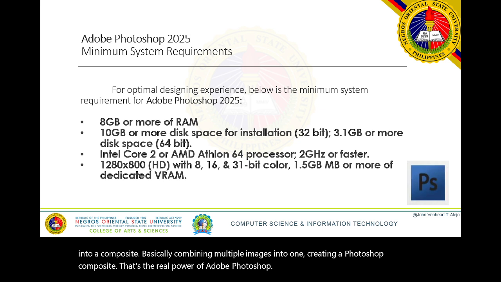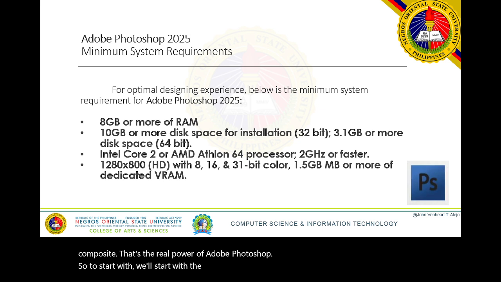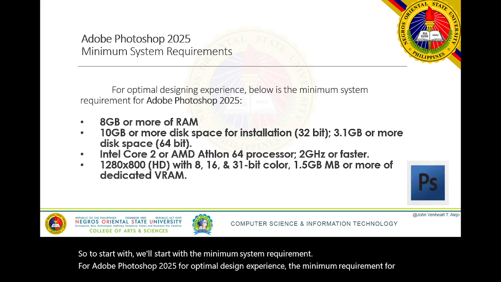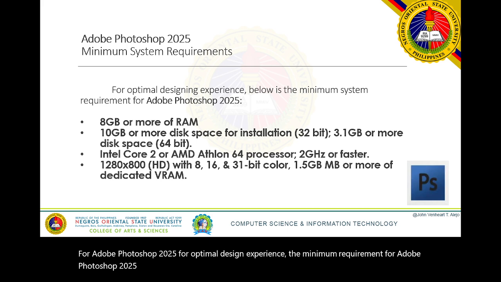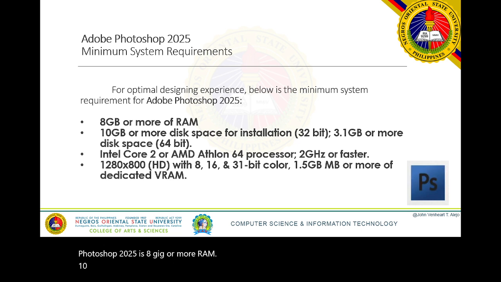So to start with, we'll start with the minimum system requirement for Adobe Photoshop 2025. For optimal design experience, the minimum requirement for Adobe Photoshop 2025 is 8 gig or more RAM, 10 gigabyte or more disk space for installation, that's for 32-bit, and 3.5 gig or more disk space for 64-bit.